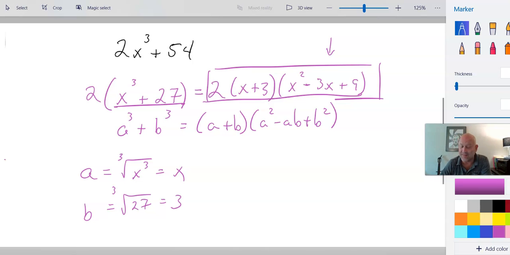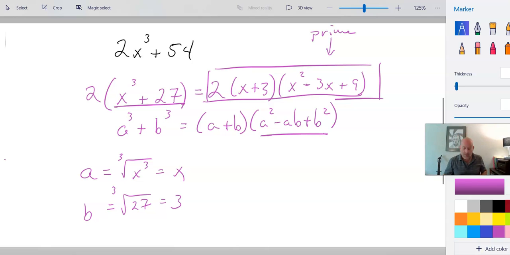But other than that, this thing is always prime. I'm going to save you some work by telling you that ahead of time. For me, there were many times as a student where I got hung up trying to factor this second piece, convinced that it would factor because it looked like it should, but it doesn't. It's prime. In fact, it wouldn't be part of the formula if it factored more. The pieces that it factors into would be part of the formula instead.